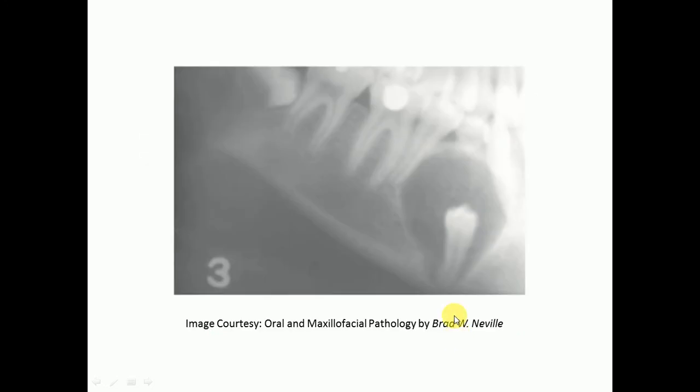A dentigerous cyst will be attached to the tooth structure at the cemento-enamel junction, but the adenomatoid odontogenic tumor completely encircles the tooth, the crown and the root as well.